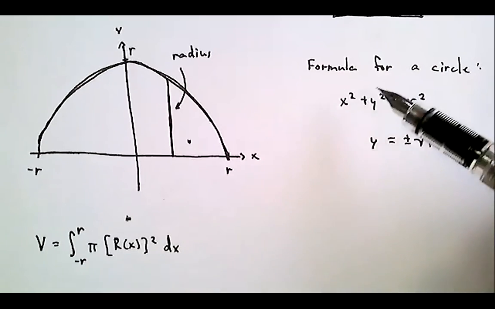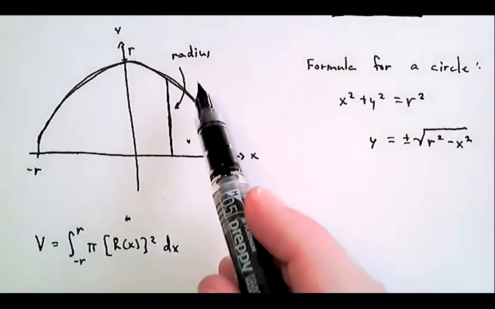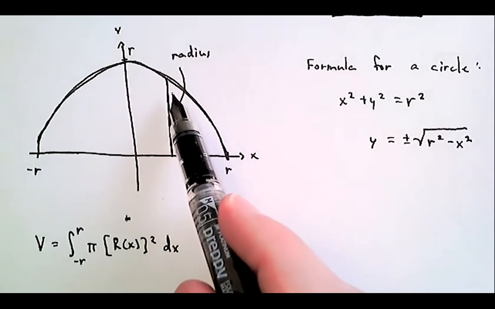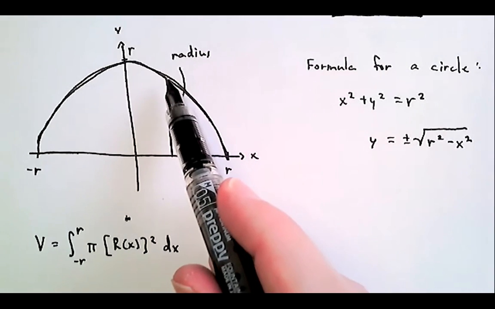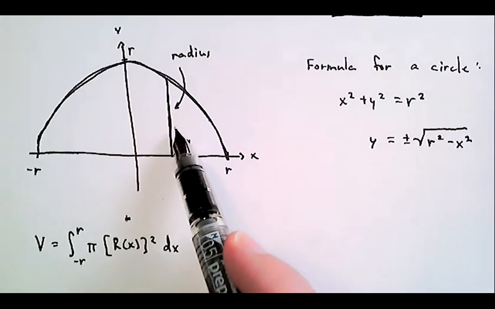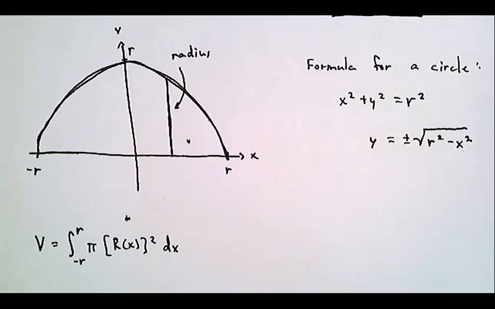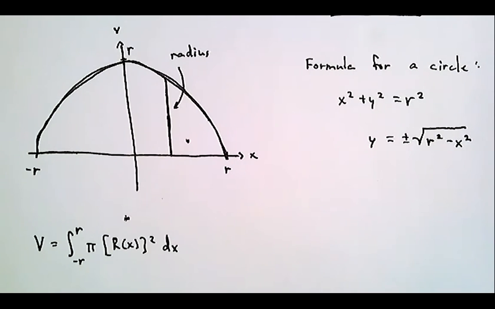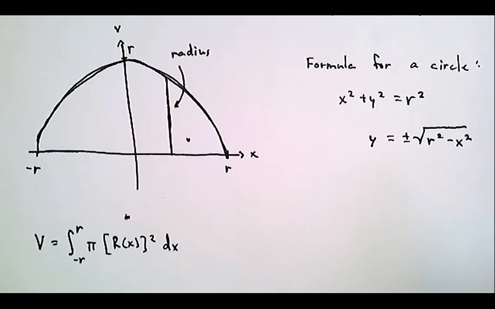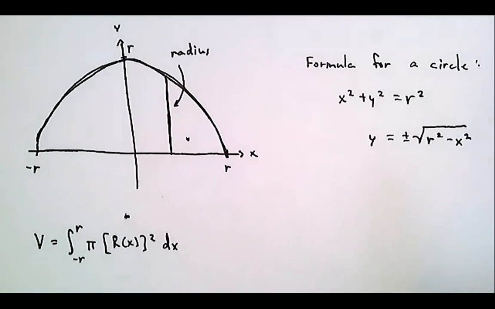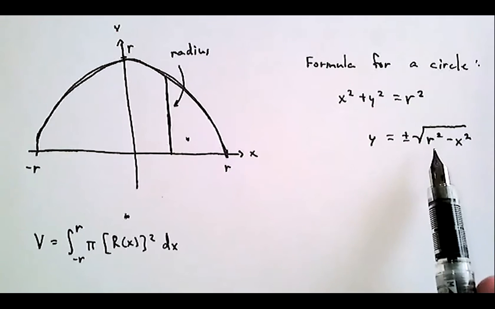So using this information, can anyone tell me what the radius is? What's the length of this line segment that I drew? Okay, so I wrote down the answer.